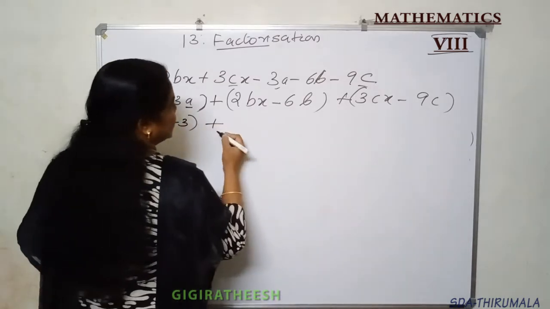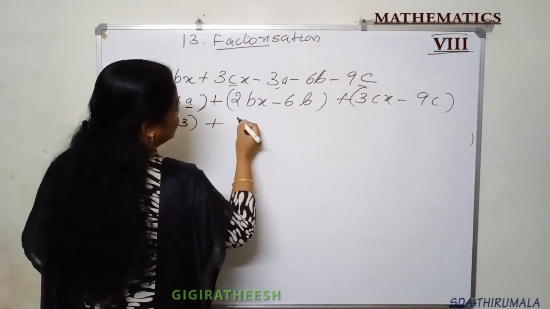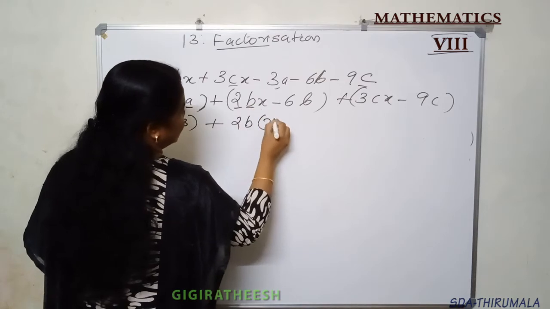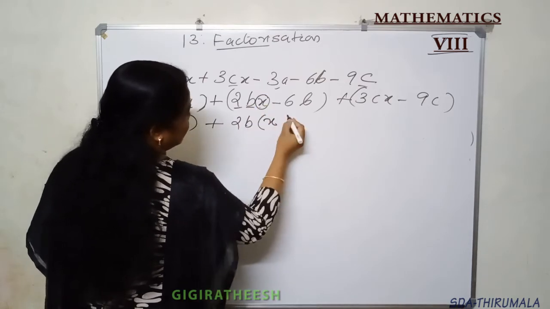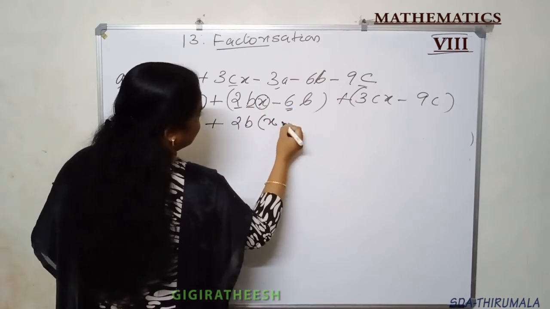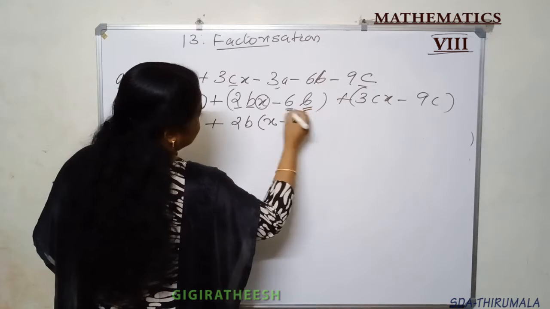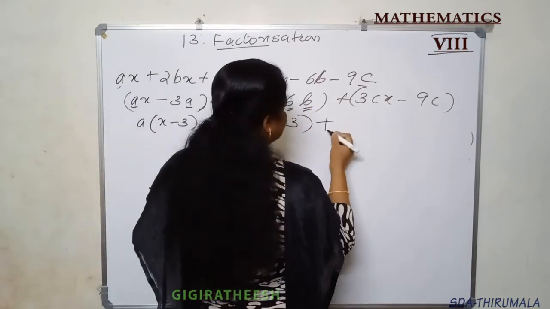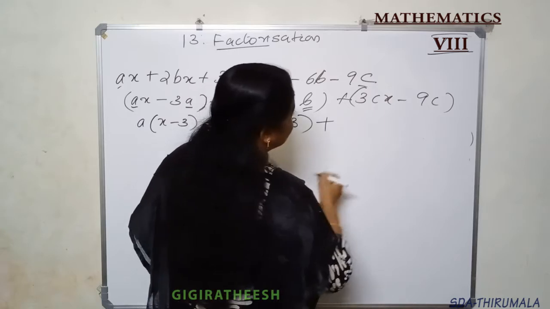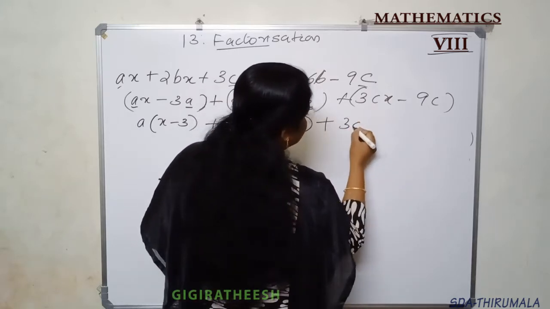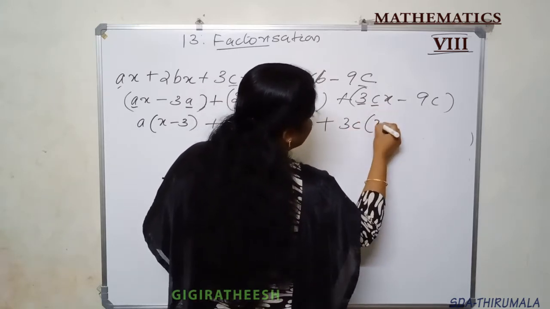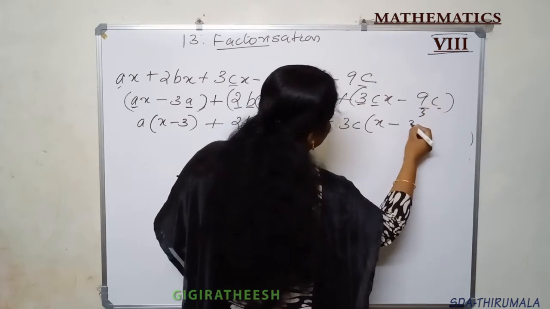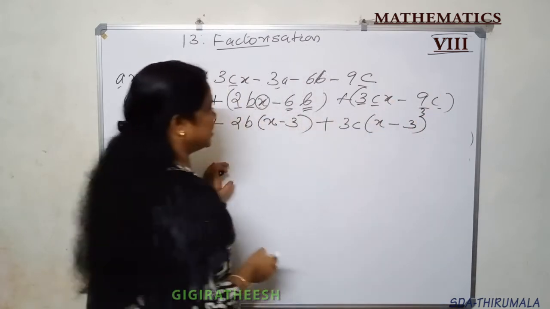From 2bx minus 6b, taking 2b outside, we get 2b into x minus 3. And from the last one, 3cx minus 9c, taking 3c outside, we get 3c into x minus 3.